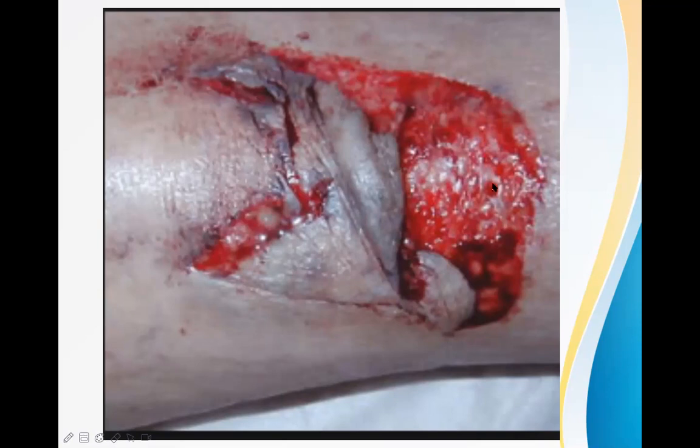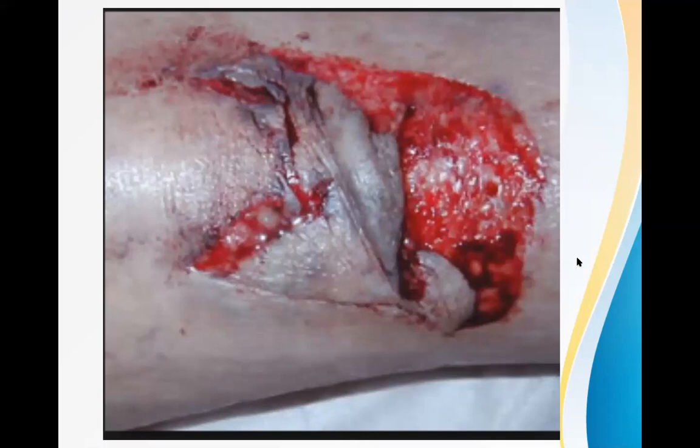It cannot be abrasion. Abrasion is very superficial. It cannot be bruise. In a bruise, there is no cut on the surface. So this is a laceration. From this class, I'm sure every student can identify which type of wound this is. This is a very important type of question which is asked in the viva exam and different other exams.